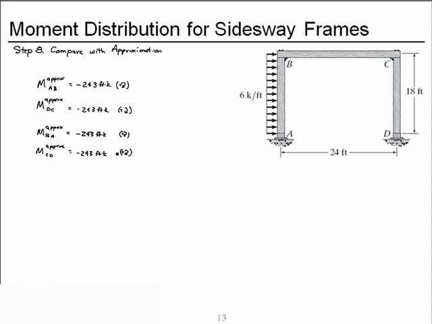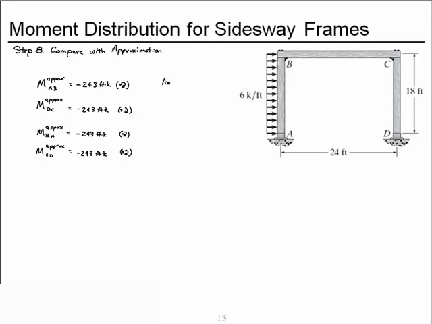In our approximate analysis, if we had continued the calculations, we would have obtained exactly the same moment on the beam side of node B as we did at the column side, so we didn't bother with the calculations.